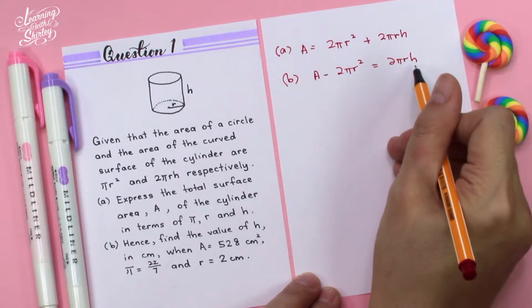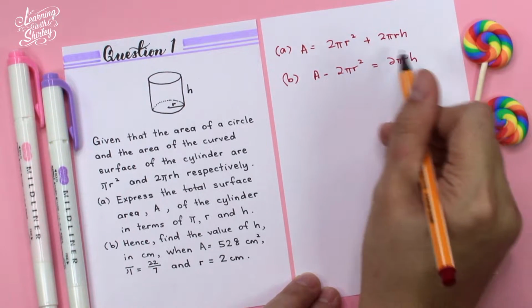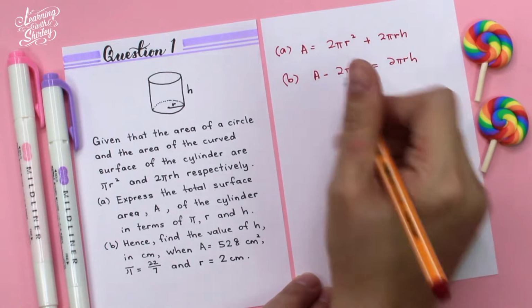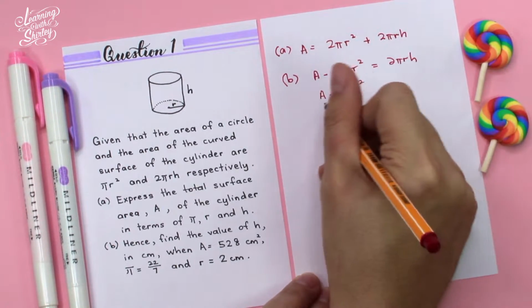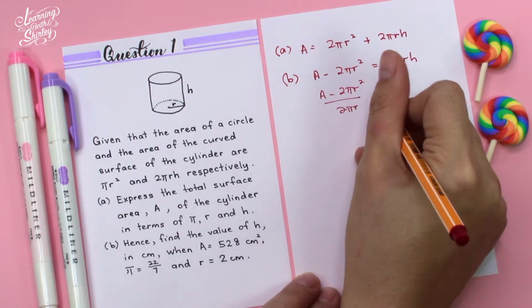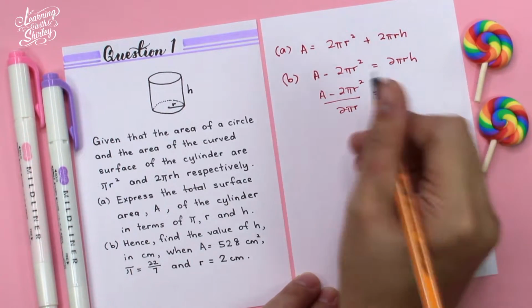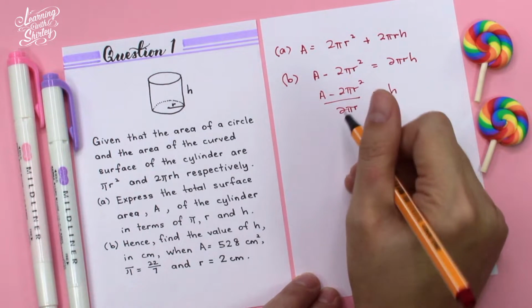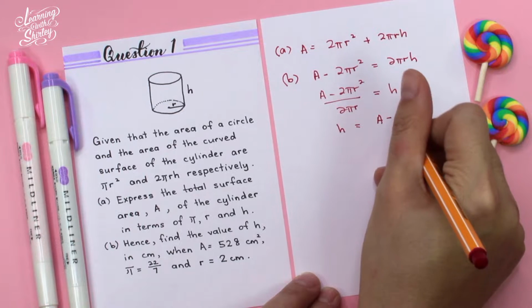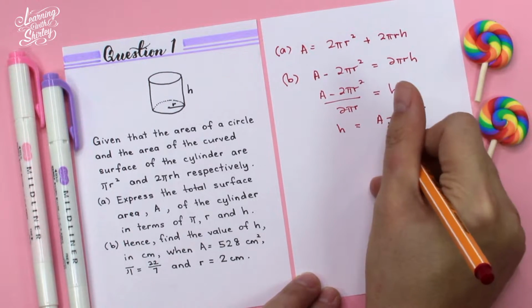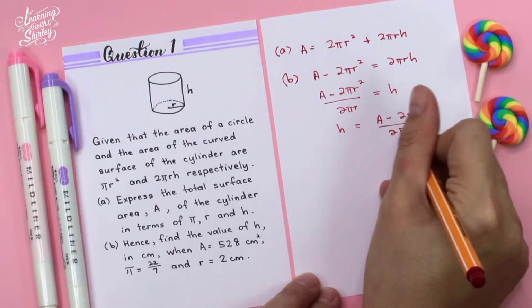Because we want to make h the subject, we shift this 2 pi r over to the left hand side, so A minus 2 pi r square over 2 pi r equals h. And then we swap them around because I want my h to be the subject on the left, so h equals A minus 2 pi r square over 2 pi r.